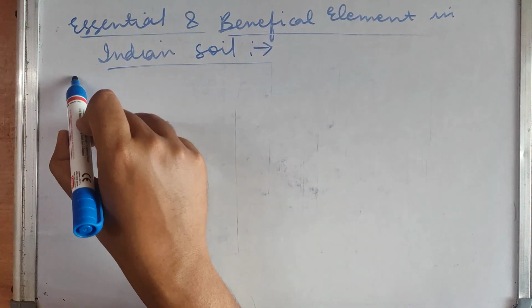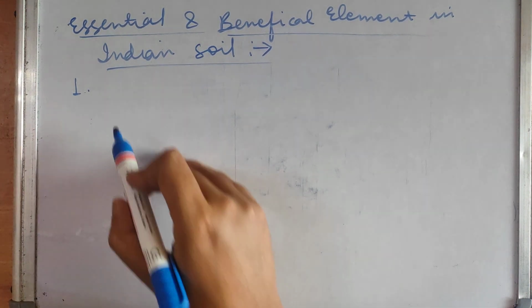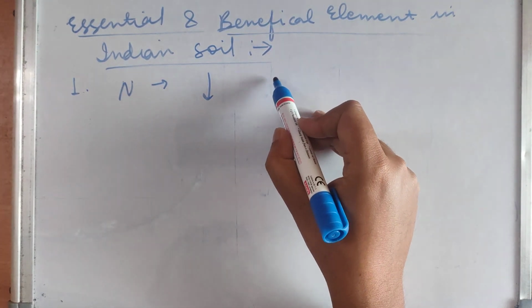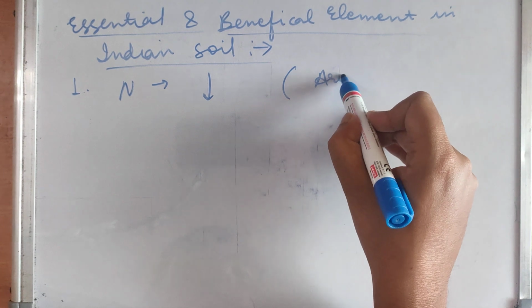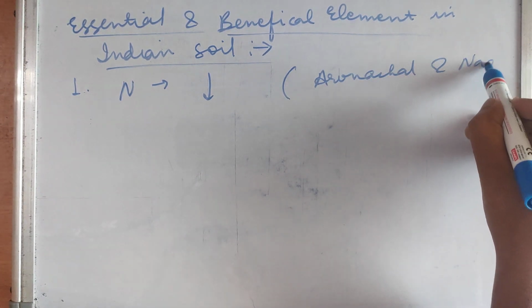First one, the nitrogen fertility status is generally low in Indian soil, except in the case of Arunachal and Nagaland.